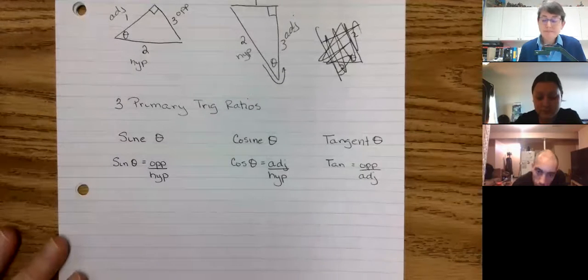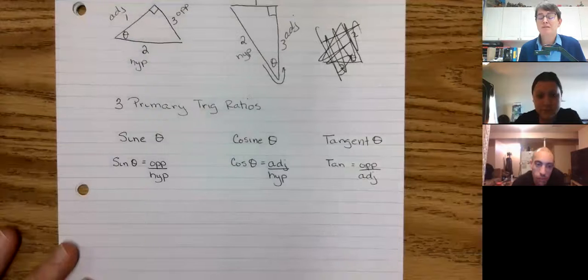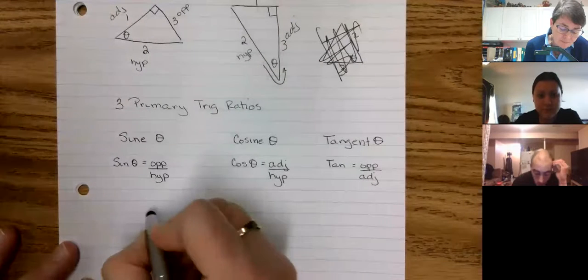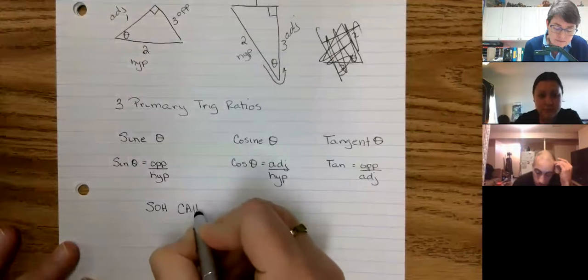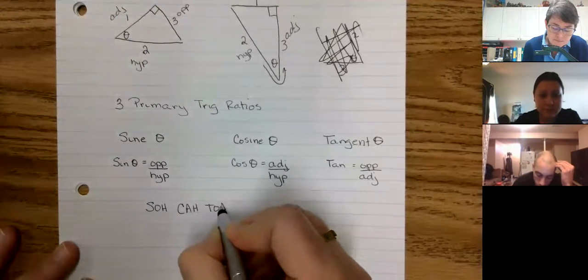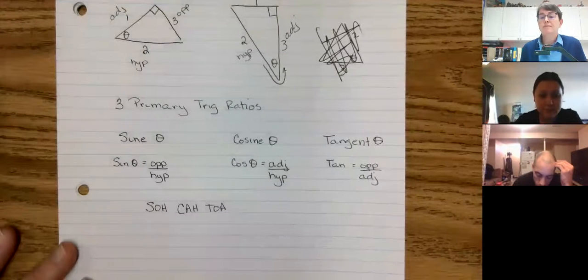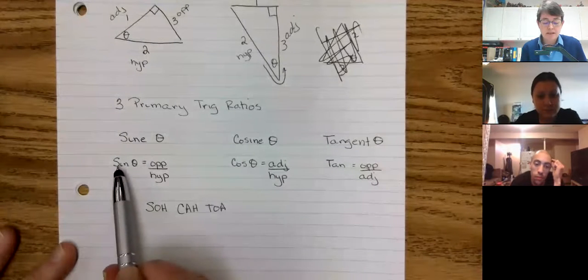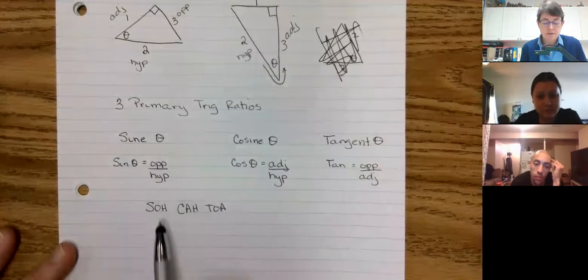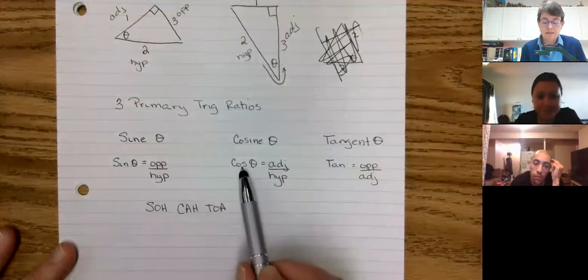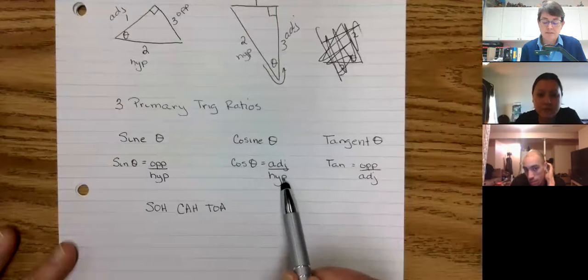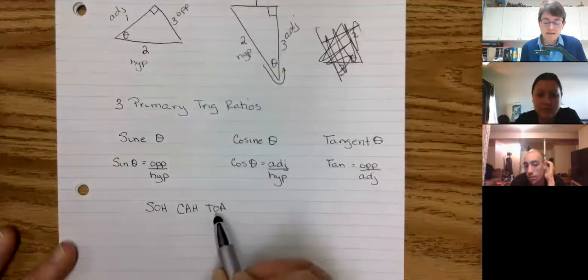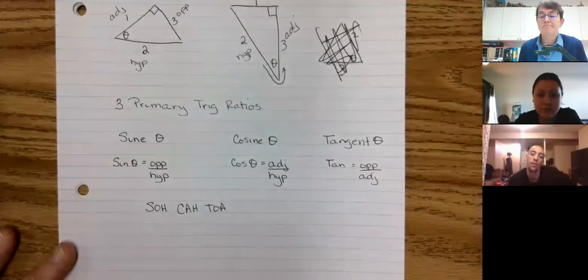And then I met, I don't know who told me, but there's this thing called SOHCAHTOA, which helps everybody remember how these work. So sine is opposite over hypotenuse, cosine is adjacent over hypotenuse, and tangent is opposite over adjacent. SOHCAHTOA.